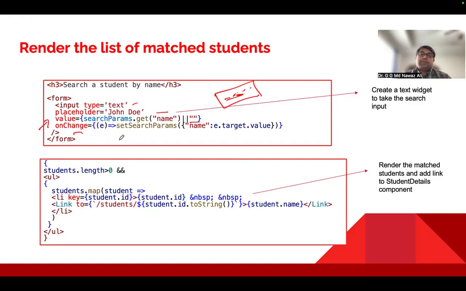Now if any change happens, if you write anything, the change event happens. If the change event happens, then the name property's value will be updated with event dot target dot value. So this object is continuously updated.